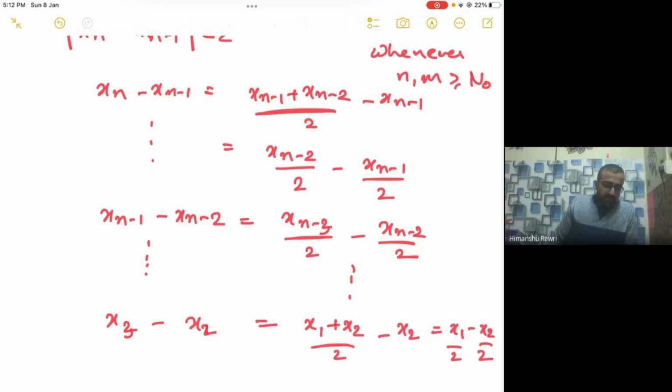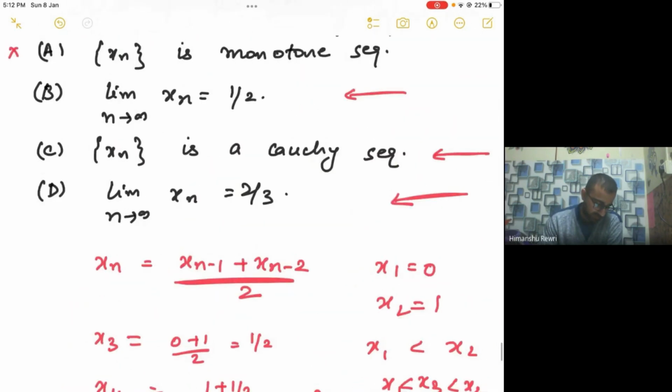Now can you tell me how we will do it? Okay, let me give you the answer, then tell me how you will do it. Option C is correct and option D is correct. So the limit will come out to be 2 by 3 and xn is a Cauchy sequence. Just tell me how we will do it.